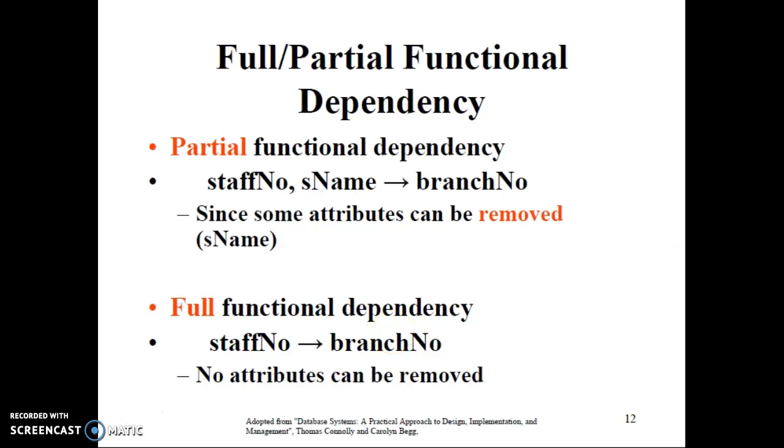In this example, no attributes can be removed from the left hand side because we have only one determinant on the left side. That is, to know the branch number attribute value, it must depend on the staff number attribute value. This is about full functional dependency.